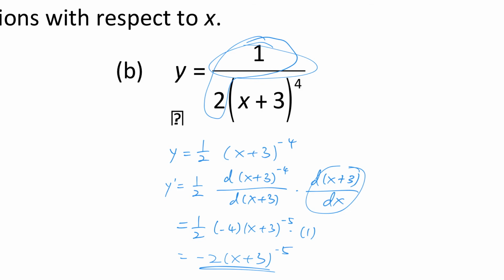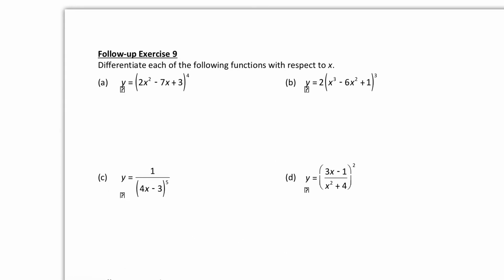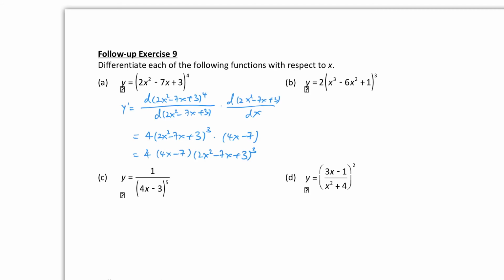Turn to page 19, example 9. Pause the video and try to do it. Let's check the answer together. Part A. According to the chain rule, I can change the derivative like this: d of the original function over d of 2x squared minus 7x plus 3, times d of 2x squared minus 7x plus 3 over dx, because I want to use the power rule, so they must be equal.